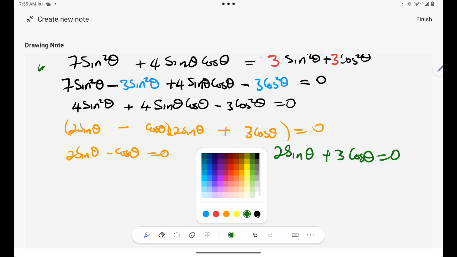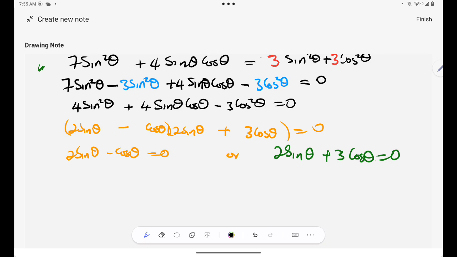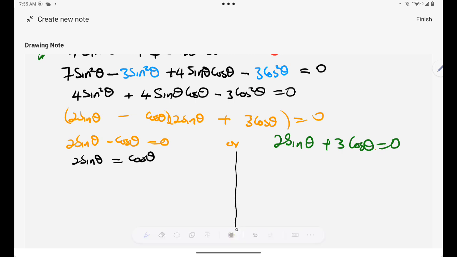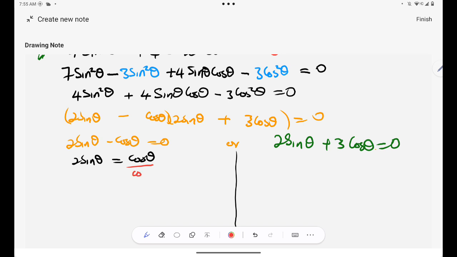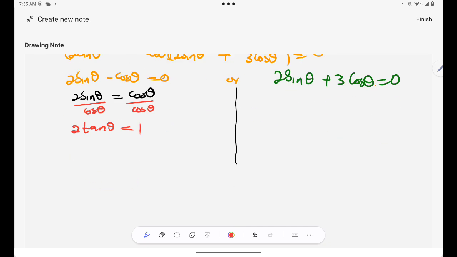This thing simply means that I can write this as 2 sine theta is equal to cos theta. And I can divide both sides by cos. If I divide both sides by cos, I'll simply have 2 tan theta is 1. Are you together?